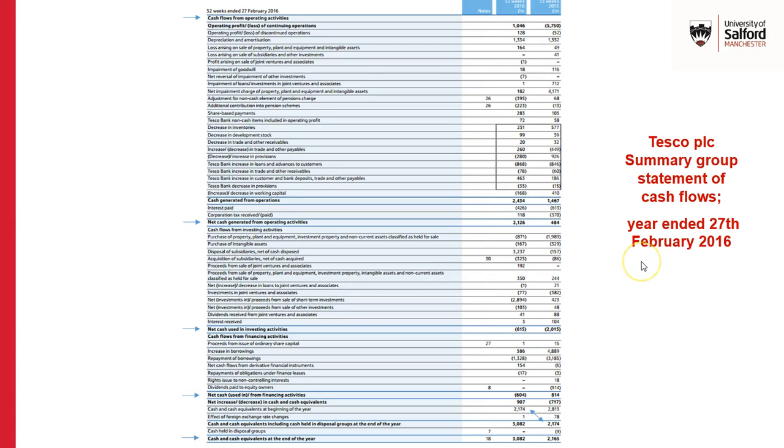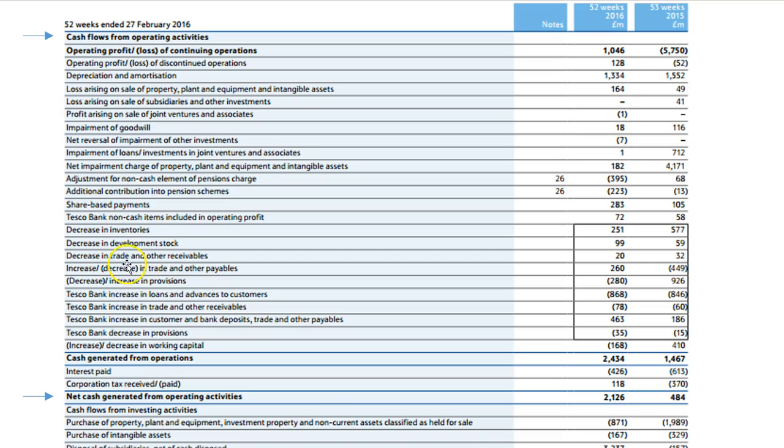Here's a summary of Tesco's cash flow statement, and we'll have a quick closer look at this. So we start with cash flows from operating activities, starting out with the operating profit of continuing operations. Now, as we've been saying, not all profit is cash.